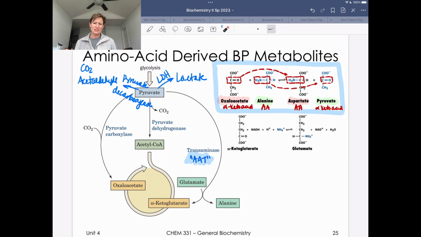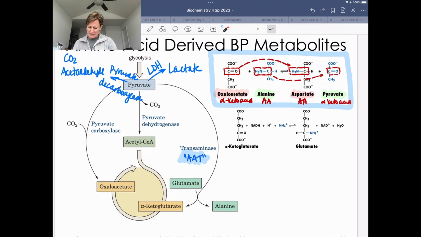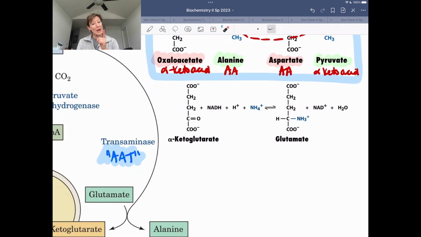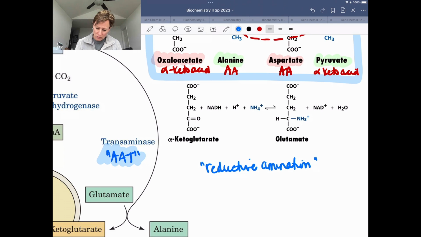So that is one way that we can do this exchange type reaction with amino acids and their alpha keto acid skeletons. The other piece I want to put on here, highlighting another way that this can happen, is through what we call reductive amination. So the net is the same. Here's another pairing: alpha ketoglutarate is the alpha keto acid skeleton of glutamic acid or glutamate.